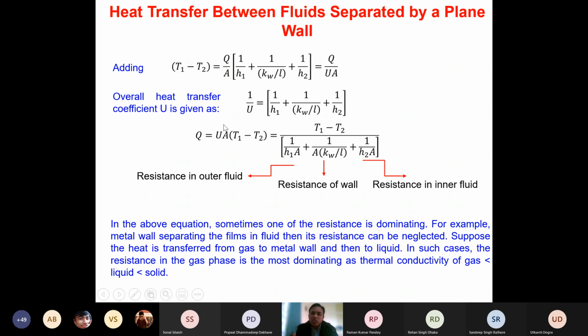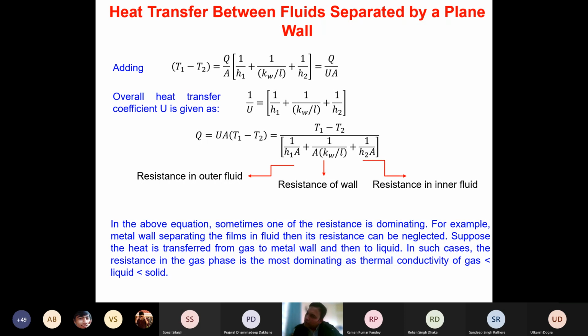That is the expression of U you are going to get. This U is nothing but the overall heat transfer coefficient. It accounts for both the convection at both sides of the metal as well as the conduction through the metal. Is it clear?